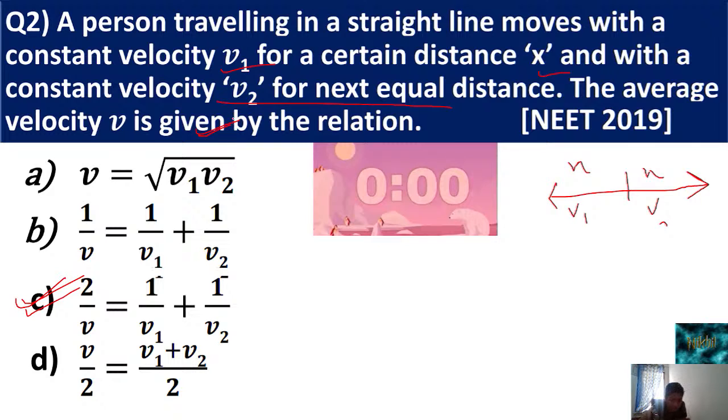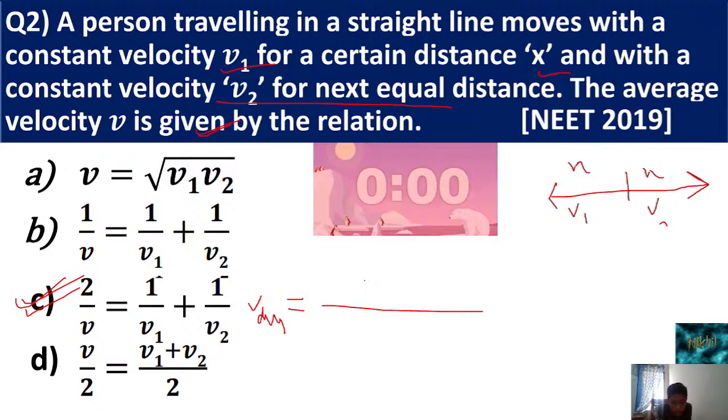How can it be given? We know it is total distance upon total time. We have to find the average velocity now.